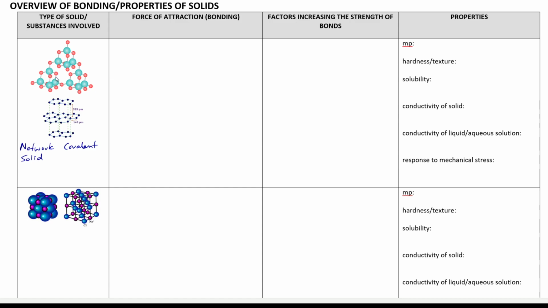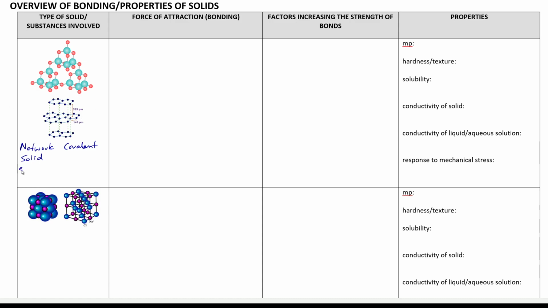So this atom is covalently bonded to that atom, which is covalently bonded to that atom, so on and so forth. So the atoms are all connected through covalent bonds, and it's a network. And when there's so many of them together, this creates a large solid.